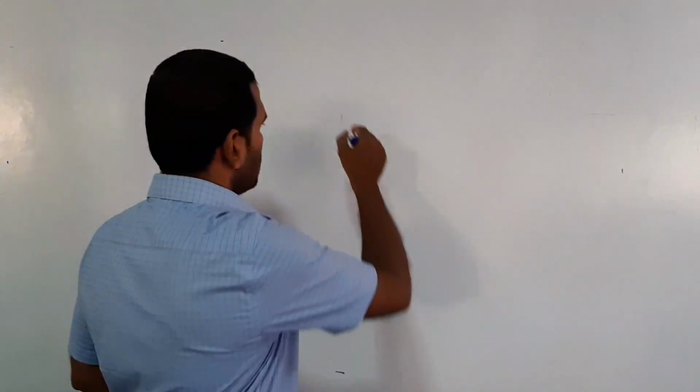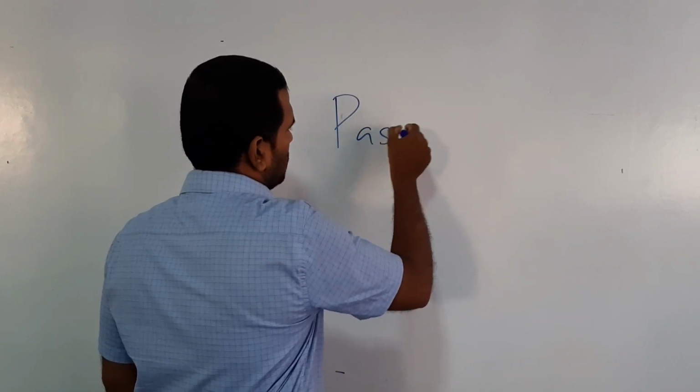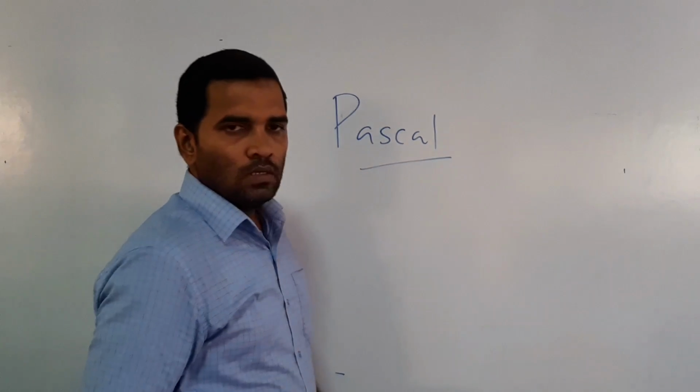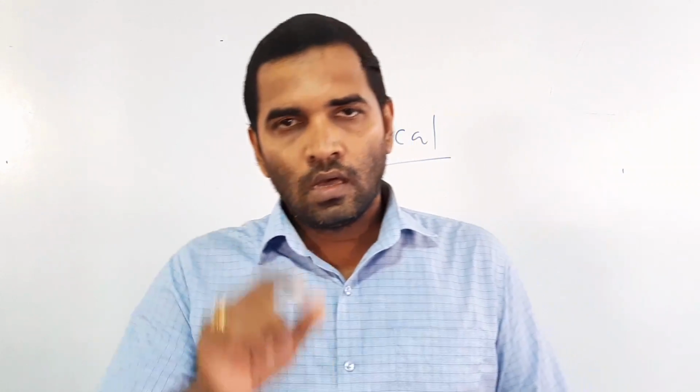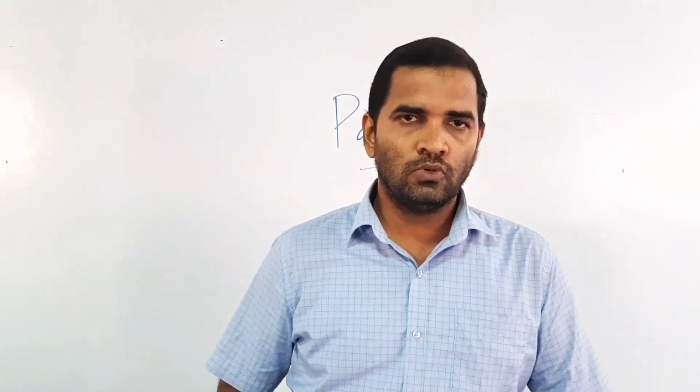So in this unit, maybe as a second half, we have to start a computer programming language called Pascal. As I mentioned earlier, we have around 800 computer programming languages, but here we will select Pascal and write instructions to the computer.